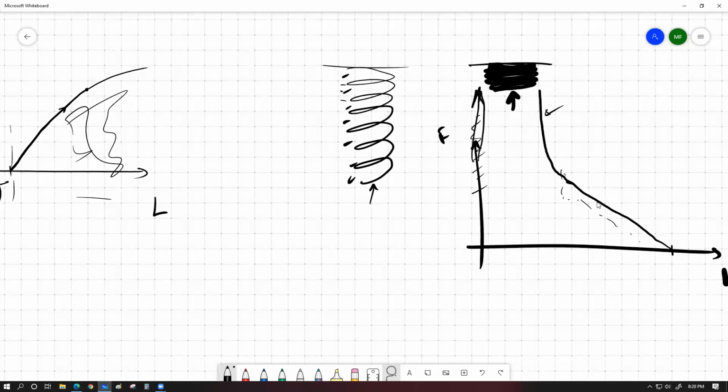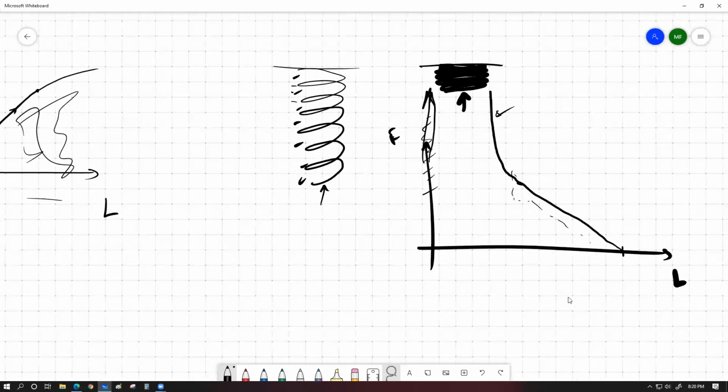Sir, one more thing. Over here in the graph, won't we have a sharp change in gradient? Yes, ideally, a sharp change in gradient.